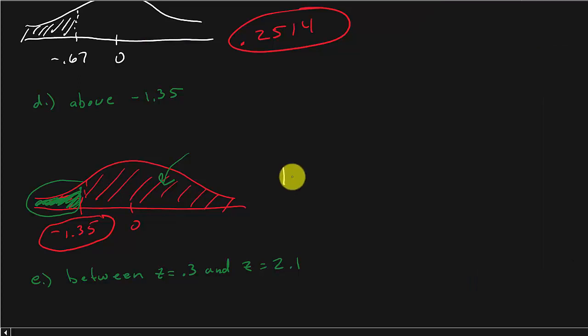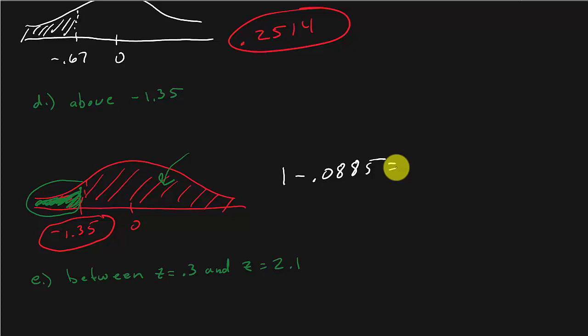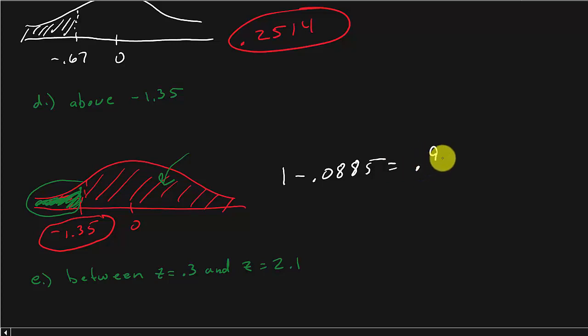So we've got 1 minus 0.0885. And so this is going to be 1 minus 0.0885. And that is 0.9115. And there's your area. Okay.